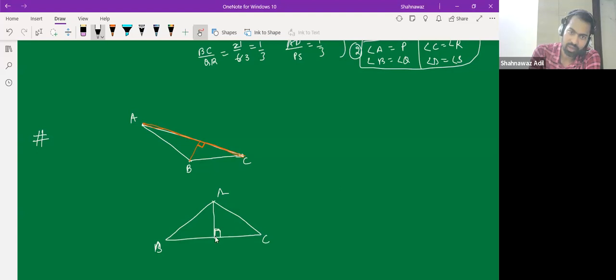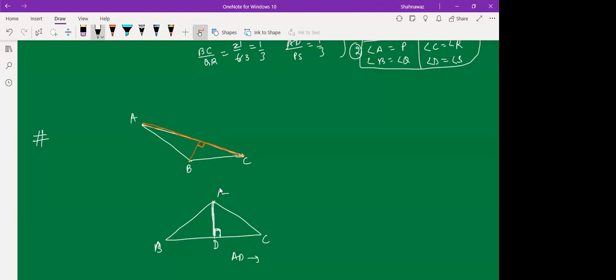Let's say this is AD. AD is the altitude because AD is making 90 degrees with this BD, right?